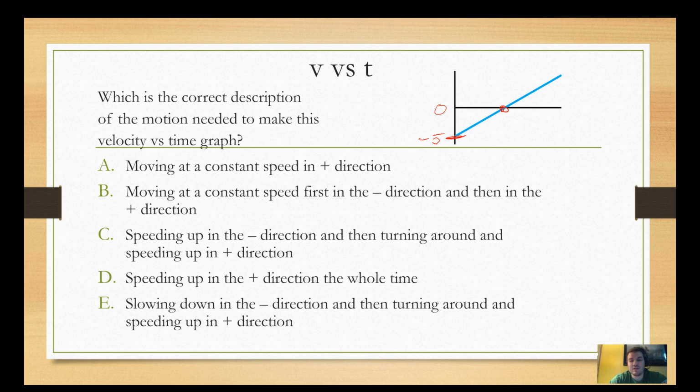So I must be going from a greater magnitude to a lesser magnitude number. I am slowing down. So anything that says constant or speeding up would be eliminated. We can eliminate 4 out of the 5, and we're left with E. So we slow down in the negative direction, and then we turn around and speed up in the positive direction as we go from 0 to greater and greater positive values.